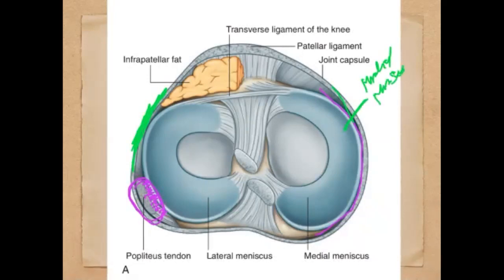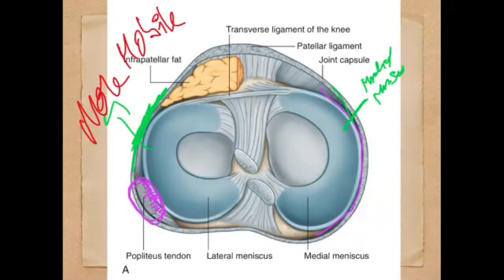That is why lateral meniscus is more mobile, whereas medial meniscus is more stable. That means lateral meniscus is more mobile, more prone to injury.